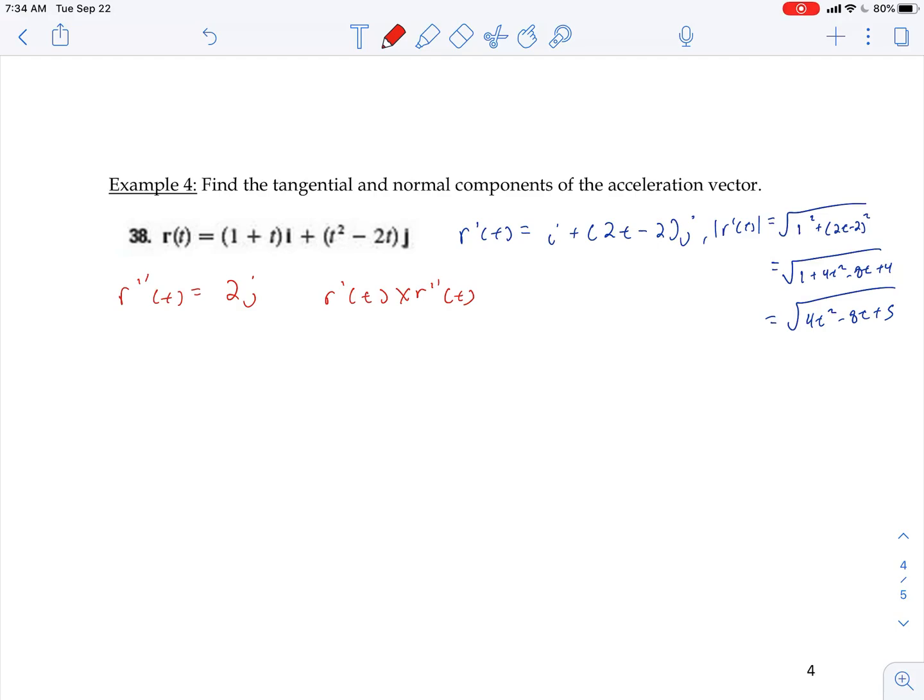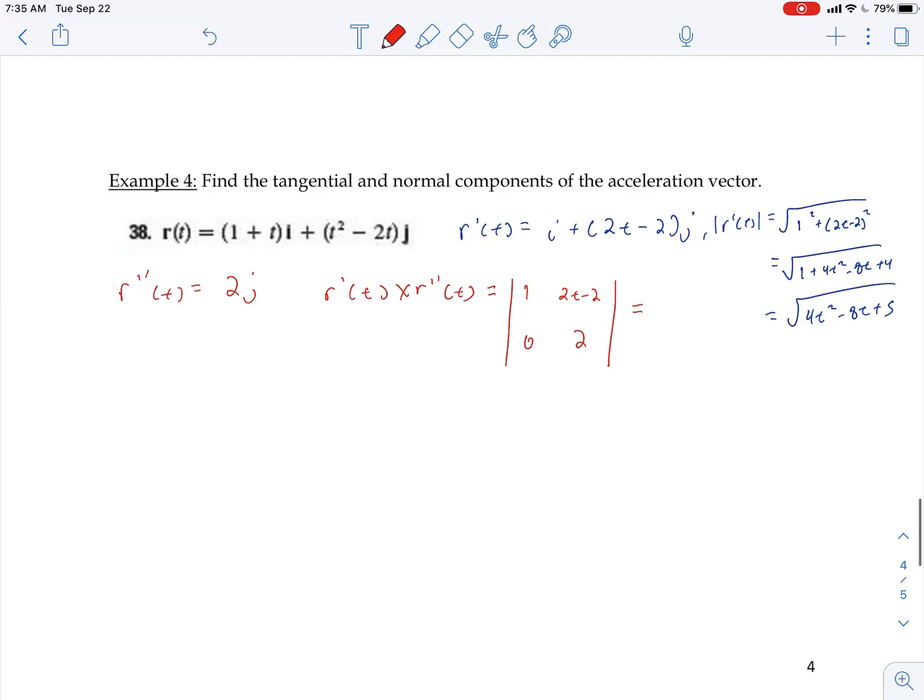Writing out the components, 1, 2t minus 2, 0, and 0, 2, when we do the cross product, we're just going to get 2 k.